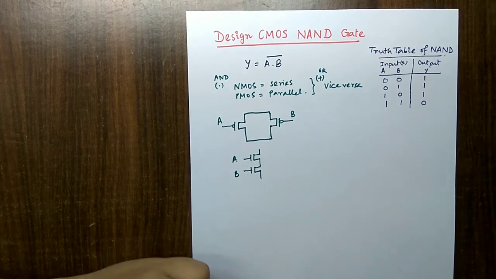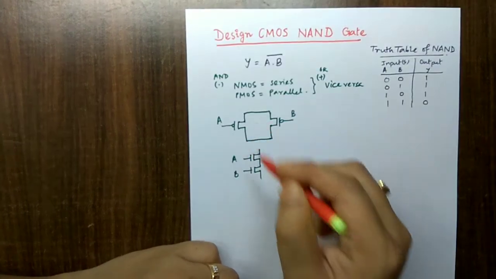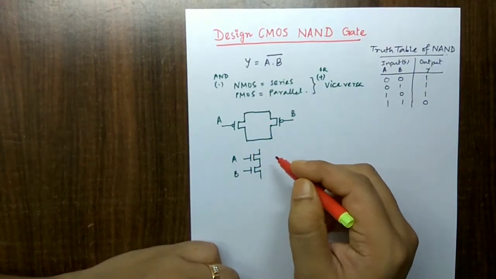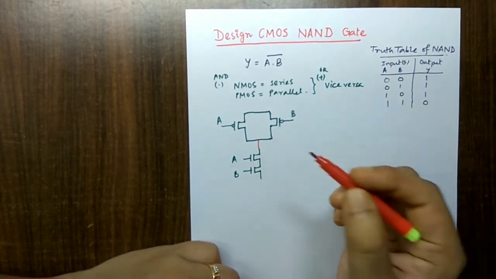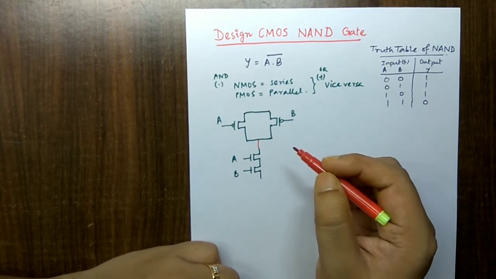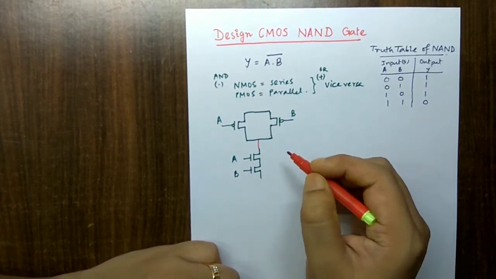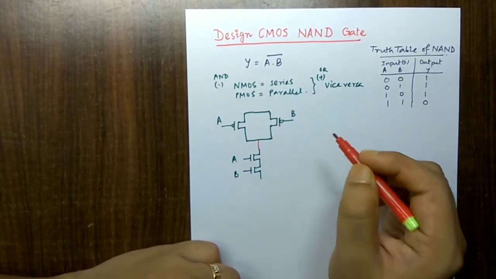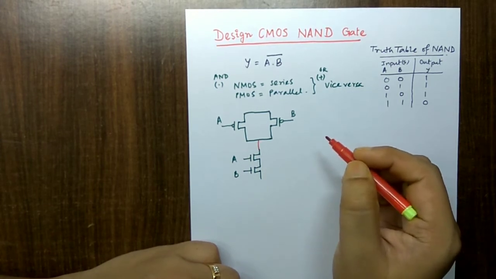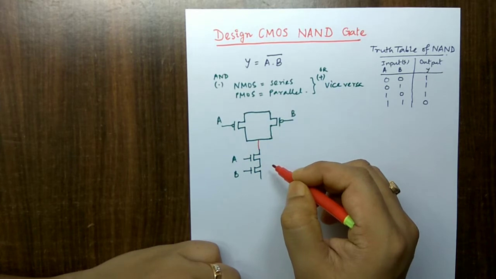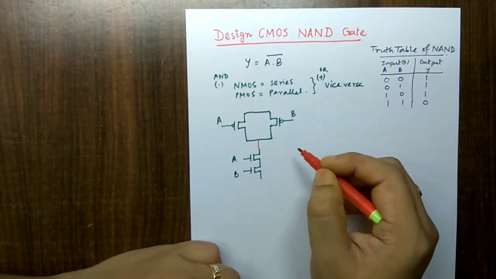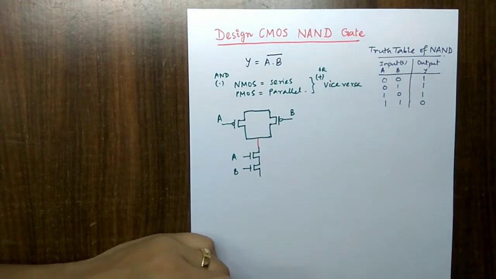As I told you earlier, the pull up and pull down networks need to be connected together through the gate polysilicon layer. I am connecting this with a red color pen. In VLSI, please remember the interconnection layer is nothing but the gate polysilicon layer, by means of which both the PMOSes and NMOSes are interconnected, using red color, and the remaining contacts I am going to show using black color pen.